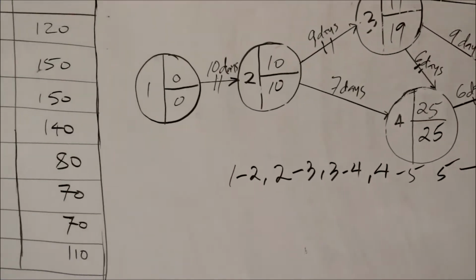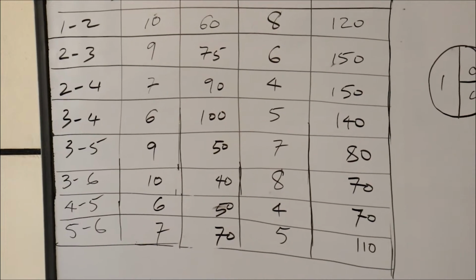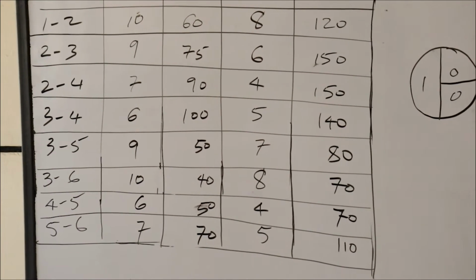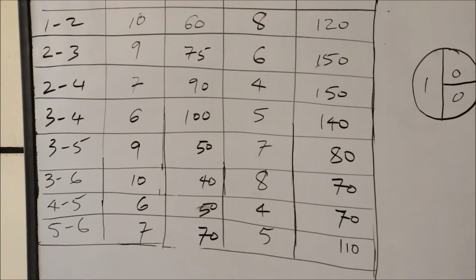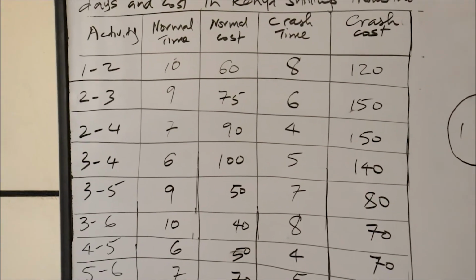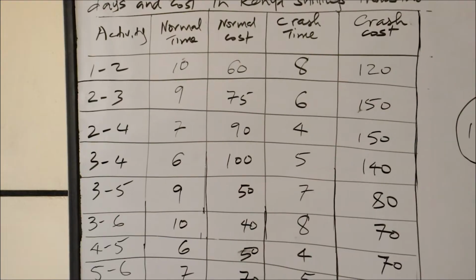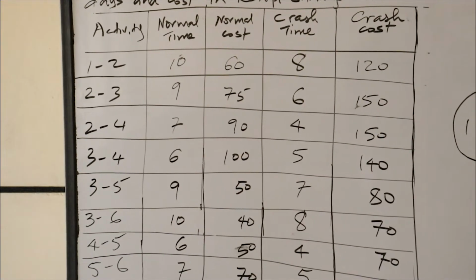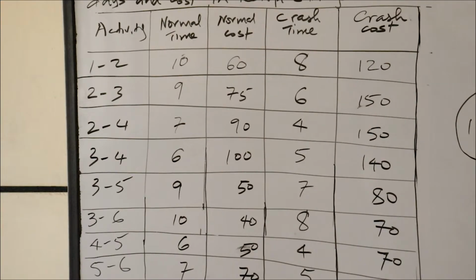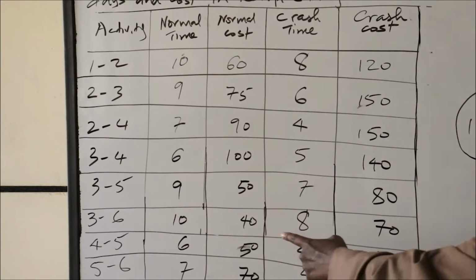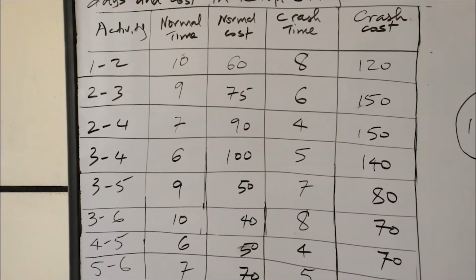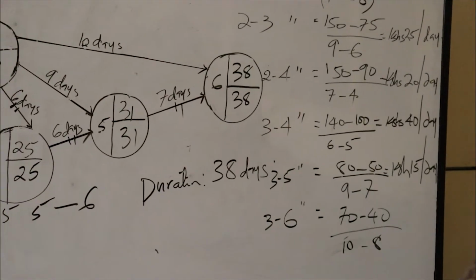Then we move to 3 to 6. The cost slope is 70 minus 40 divided by 10 minus 8.